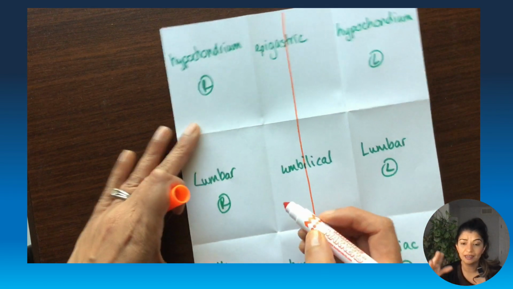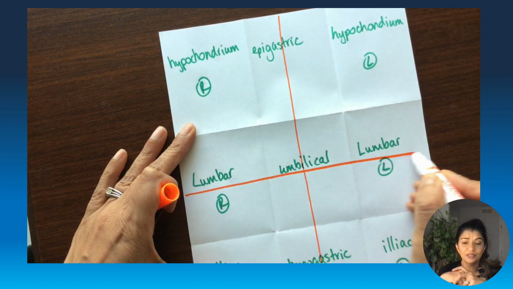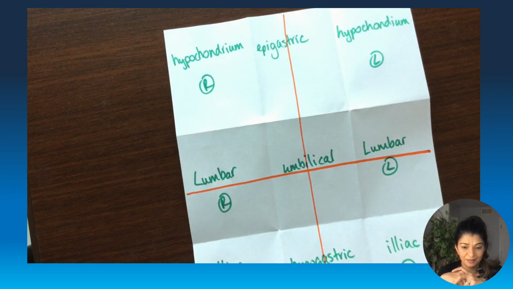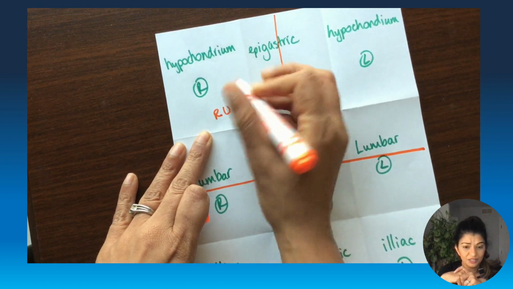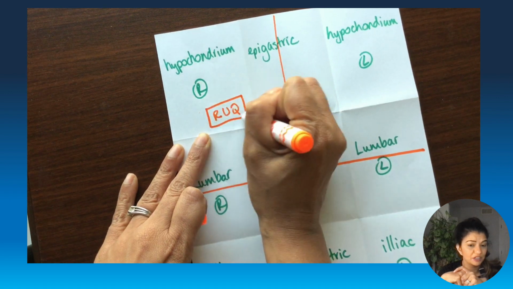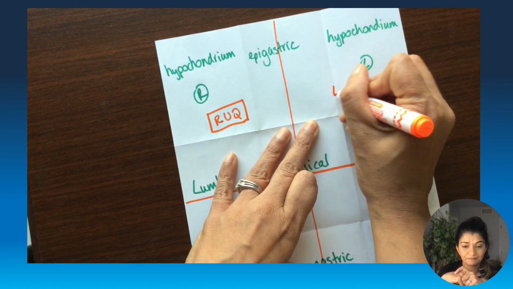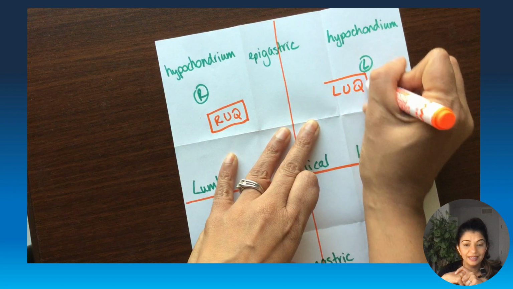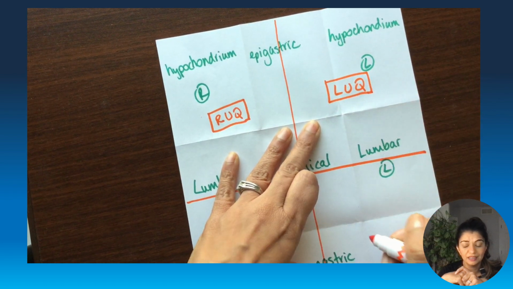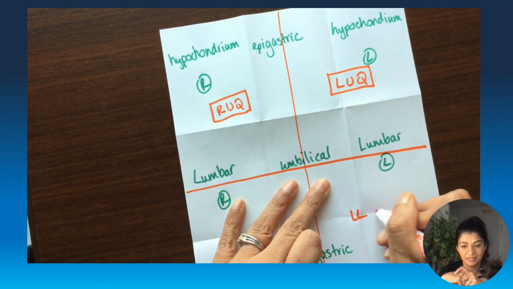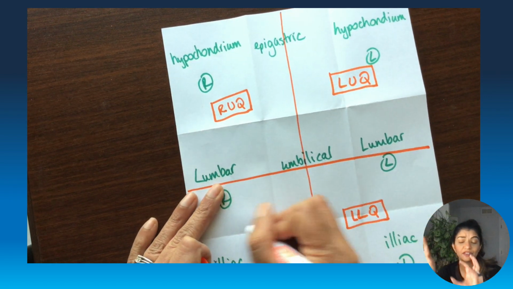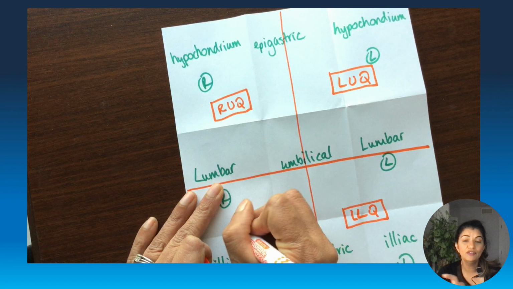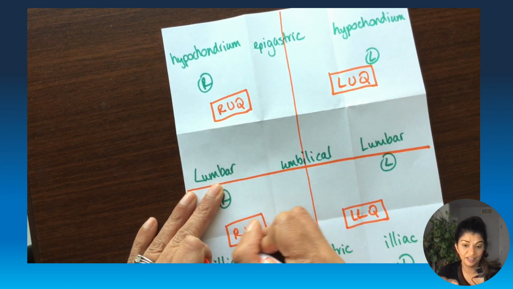So take another marker and draw a line dividing that piece of paper into quarters, a horizontal and vertical line. And now you have your quadrants. There's going to be the right upper quadrant, your left upper quadrant, and then of course the lower quadrants too, respectively. But now you can see which parts of the regions overlap with the quadrants, which is very valuable information.